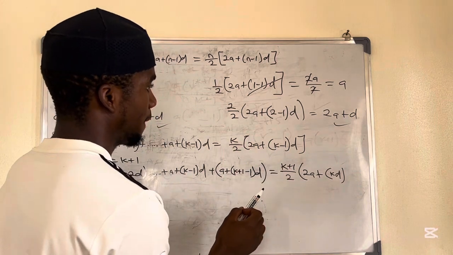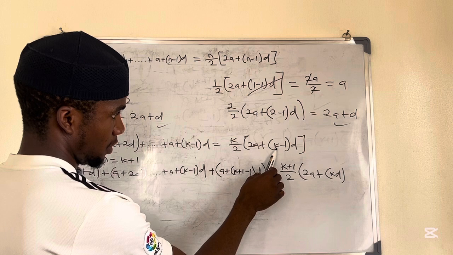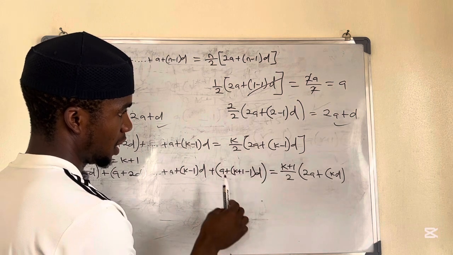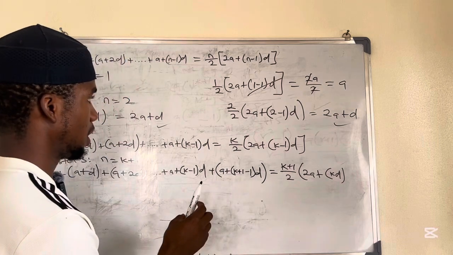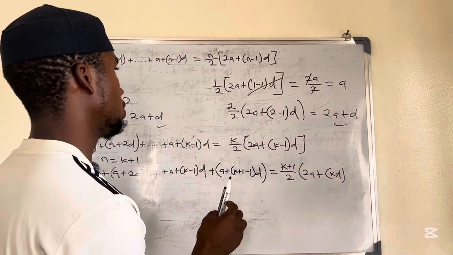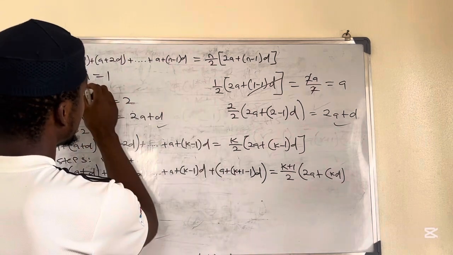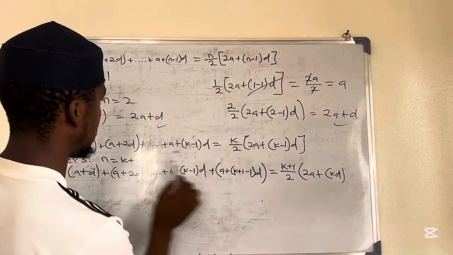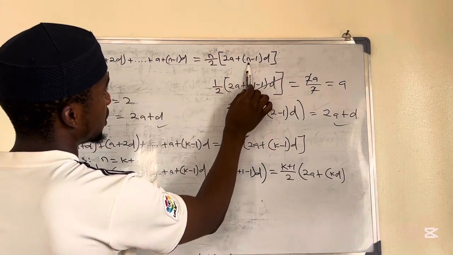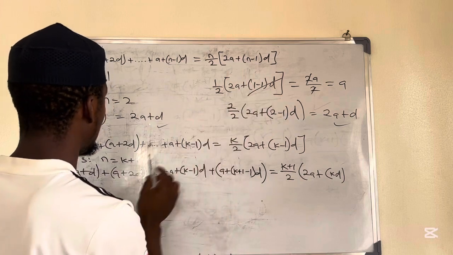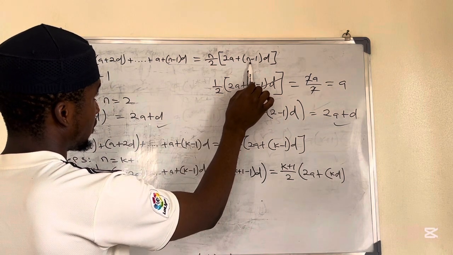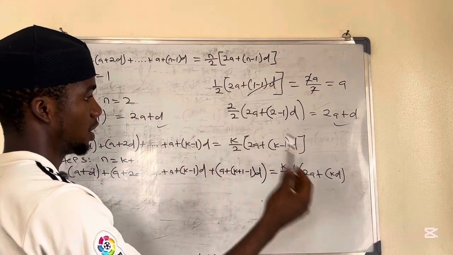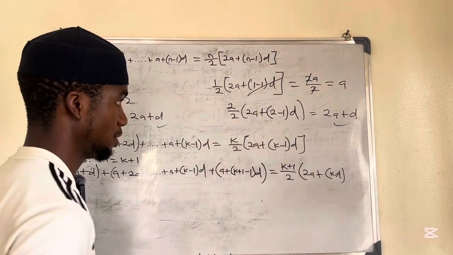If we substitute k, we can say let n equals k plus 1. So we're using this here. So anywhere we see n, we put n which is equal to k plus 1. So putting k plus 1 here, we're going to have k plus 1 minus 1, which is k. That's why we're having kd.